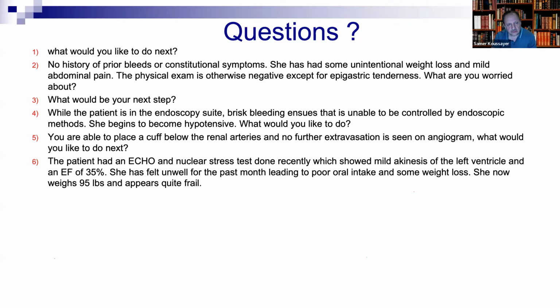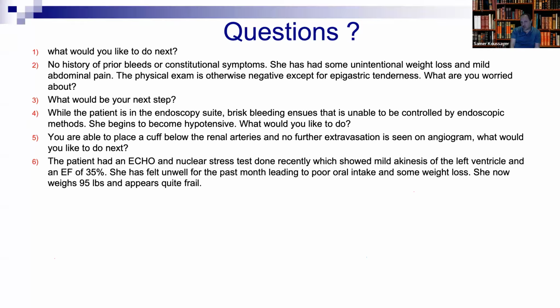So what's the question? What are we going to do next? She has an ejection fraction of 35. She has been unwell for the last few months because she's forming the fistula. Now the bleeding has stopped.